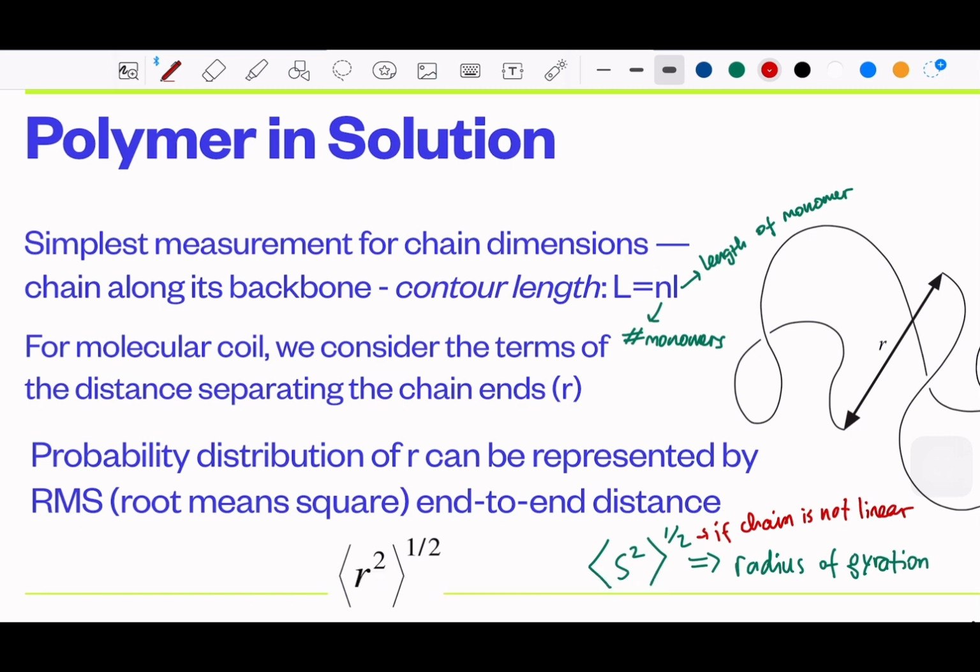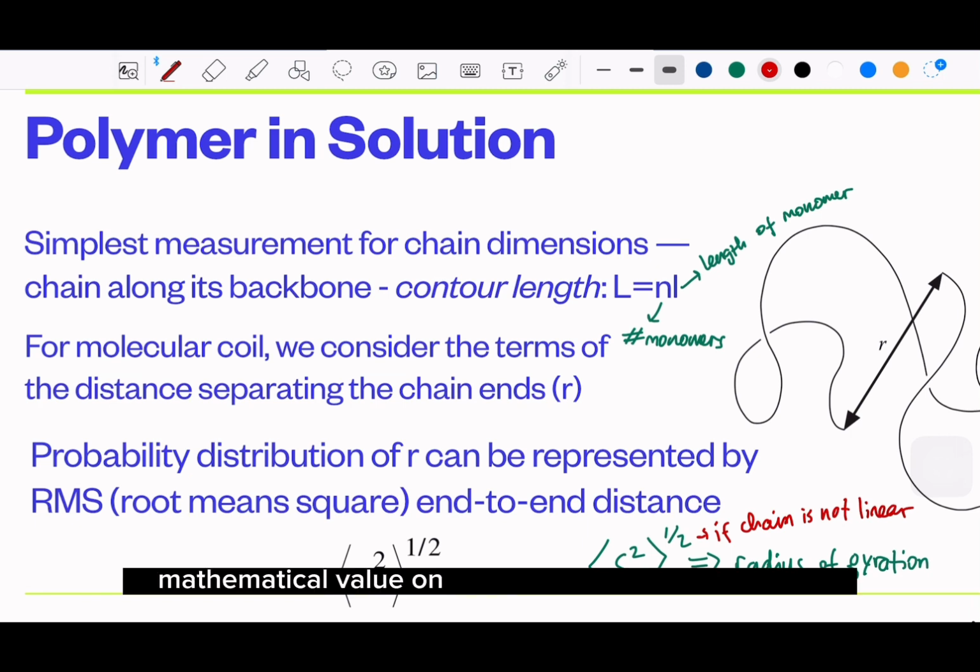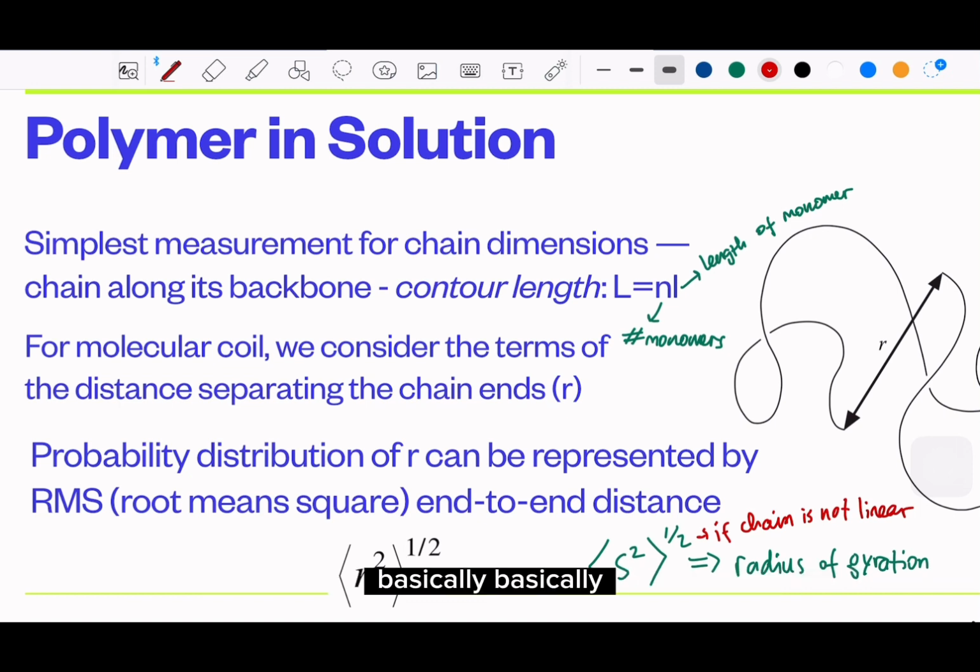And then there are some mathematical values on how this R squared will relate. Basically, we are going to use some vectors, but I will just skip that because that is just for introductions.